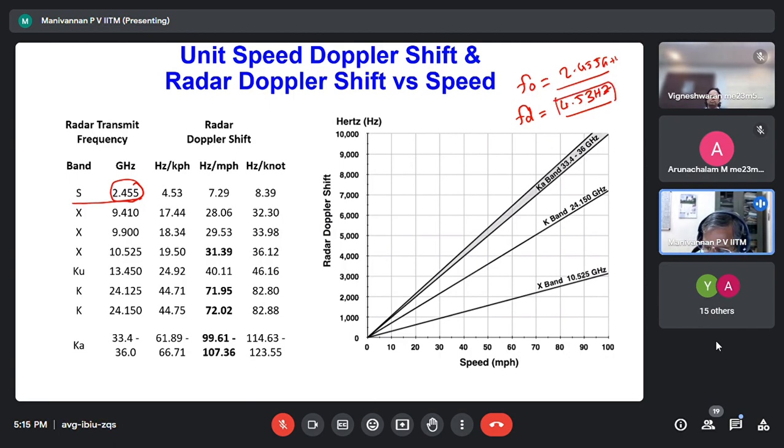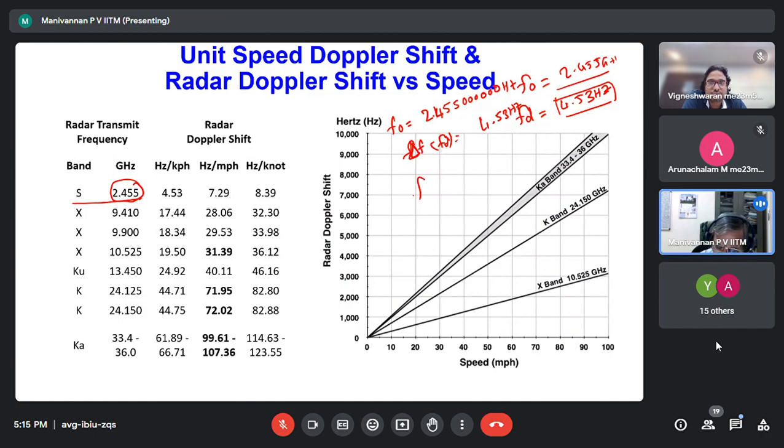But what is this frequency? I am talking about gigahertz. F0, if you write it fully, is 2455 followed by zeros, so many hertz. Correct? 2.45 gigahertz is into 10 power 9. So this is the actual frequency in hertz. Now, if the vehicle in front of you is going away at 1 kilometer per hour speed and your radar is not moving, in that case delta F or FD will be 4.53 hertz.